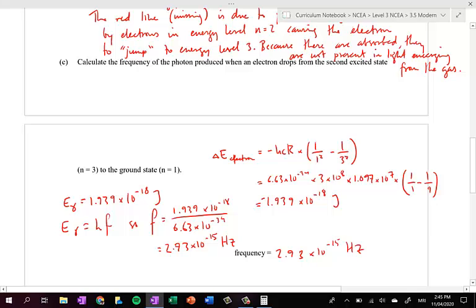The alternative method you could have used is just to work out the wavelength, but it's really the same process because this equation here was derived from that other equation.